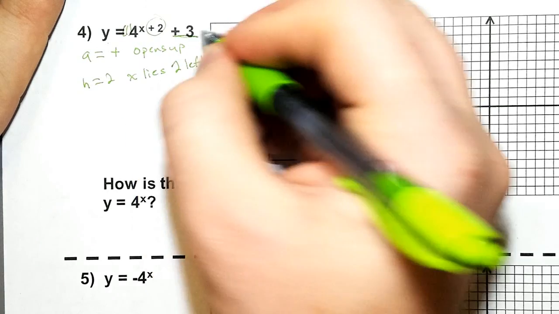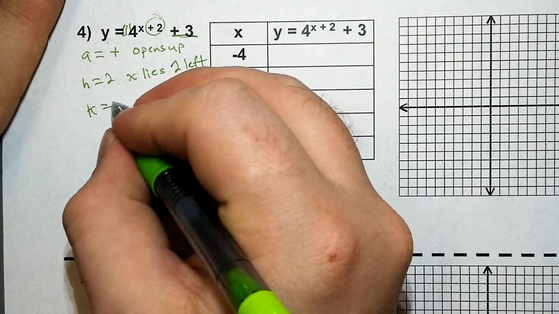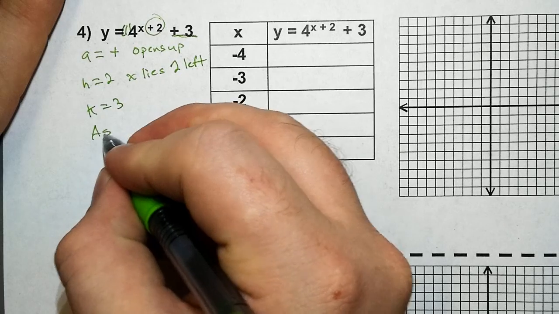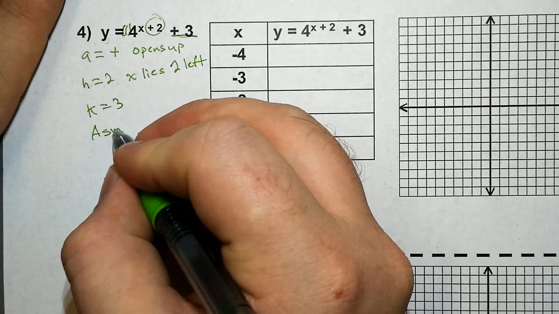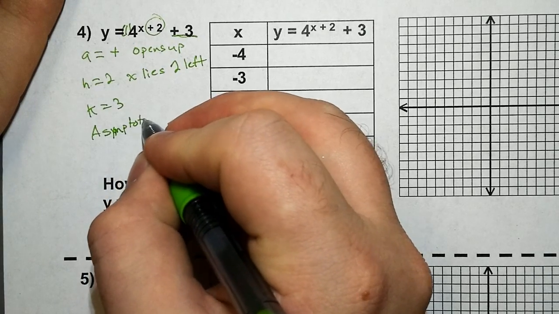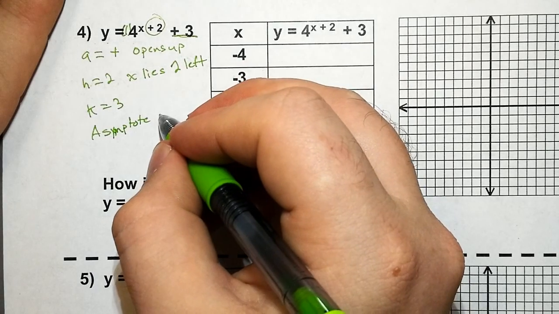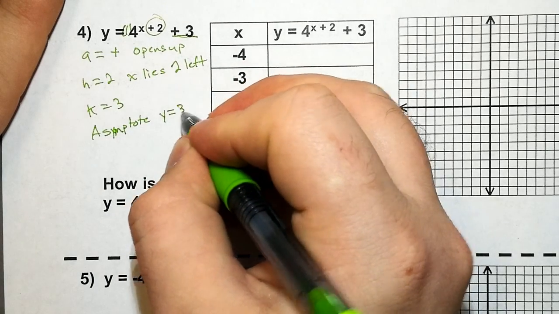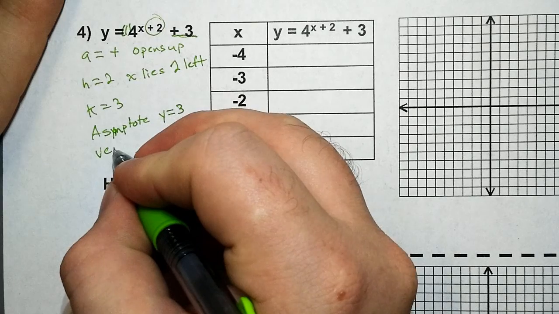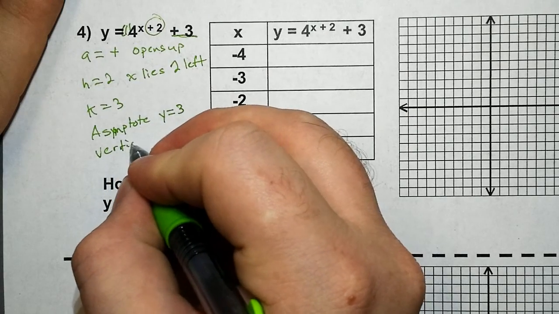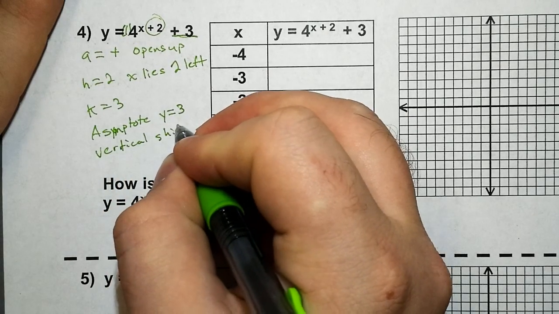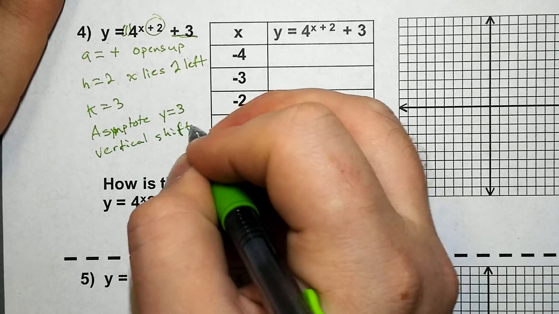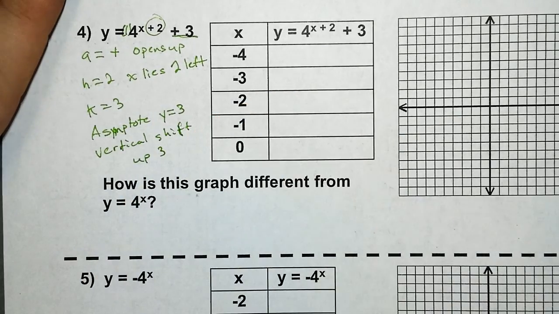And then we do have a k value. Your k value equals 3. So your asymptote is at y equals 3, and it's a vertical shift up 3.